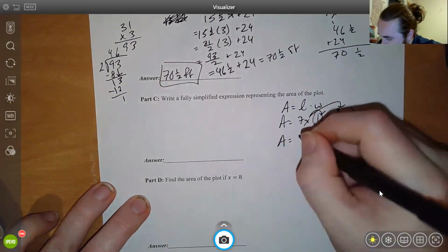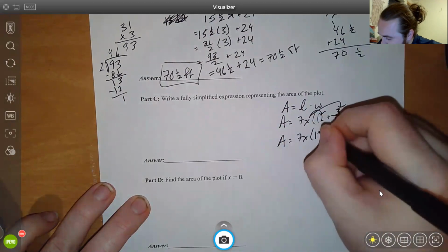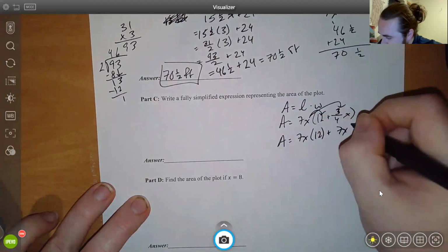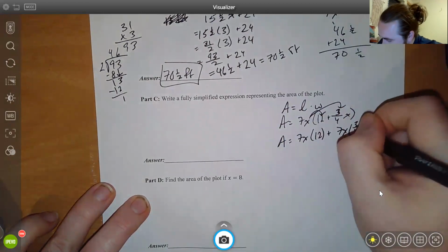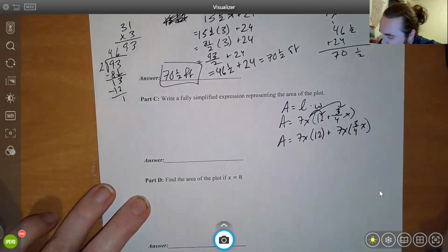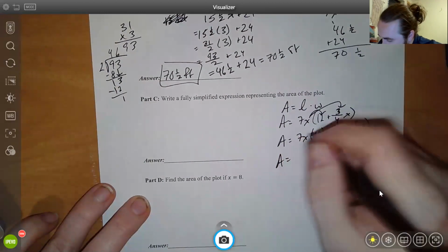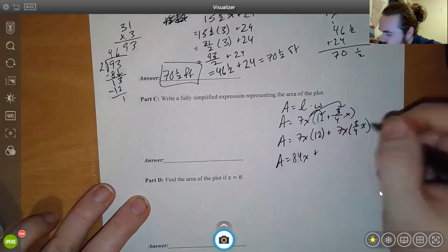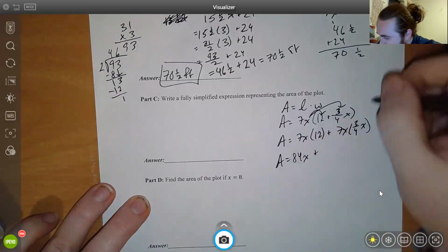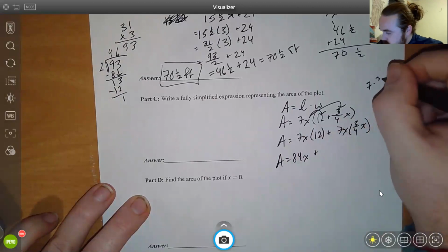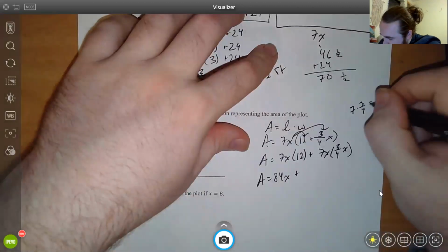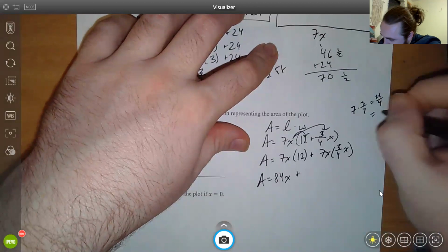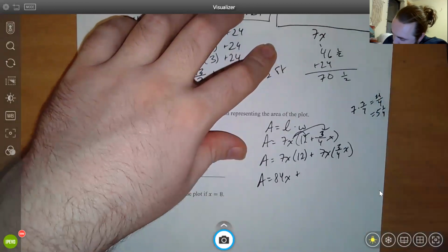My area is 7x times 12 plus 7x times 3/4 x. 7x times 12 is 84x, plus 7 times 3/4, which is 21/4, or 5 1/4.